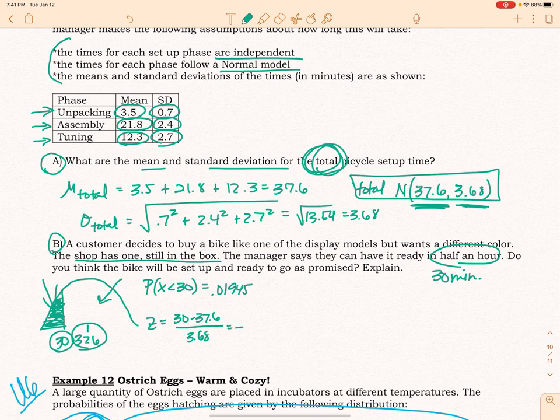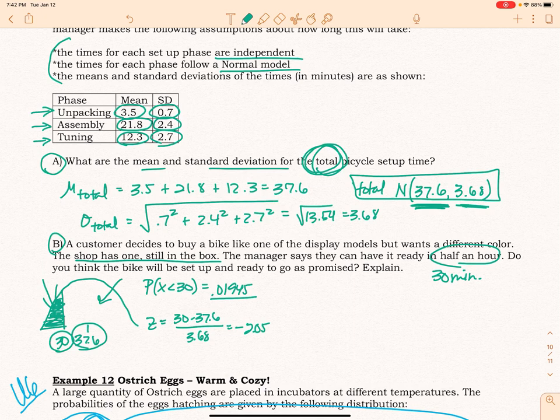You get negative 2.05. Keep in mind that the more standard deviations below or above the mean you are, the more unrealistic or the more unusual that value is. And as you can see, our probability is less than 2% that they're going to have this bike done in 30 minutes or less.